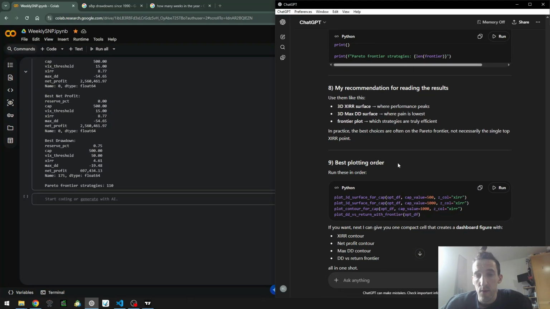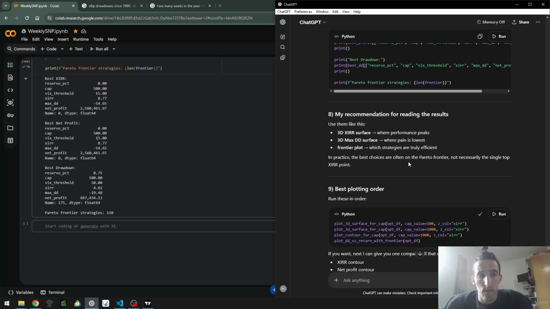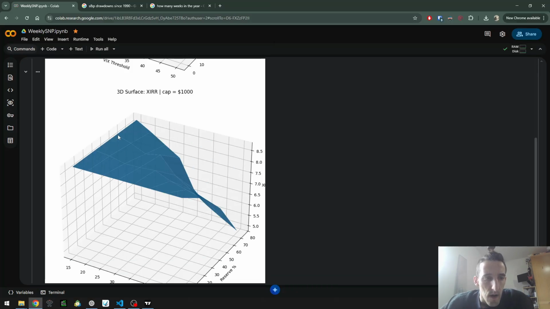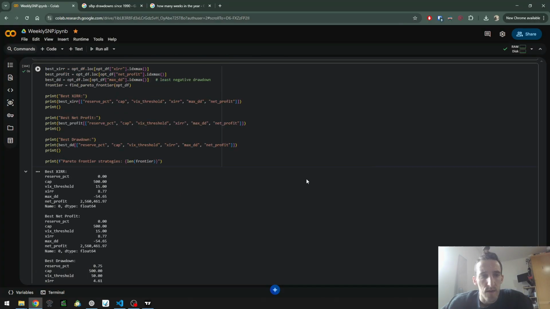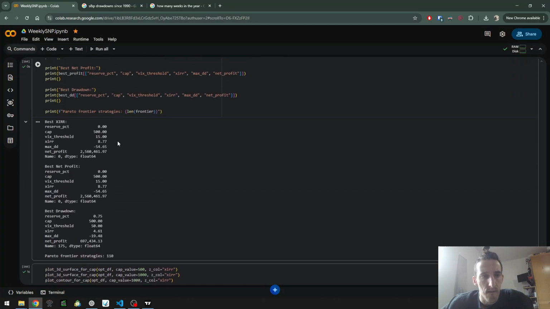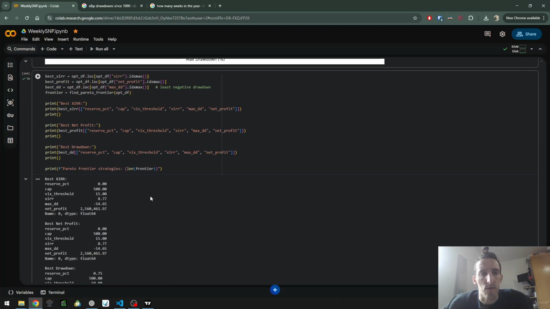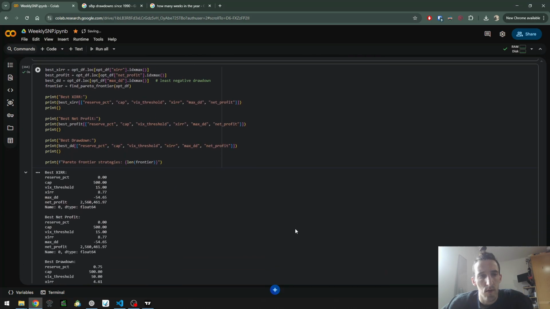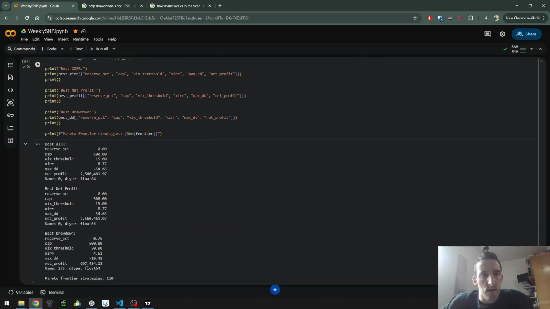Yes, best plot order. There you go. Pareto, what was this? Pareto Frontier Strategies 110. So 110 of them are on the frontier. Best XIRR.